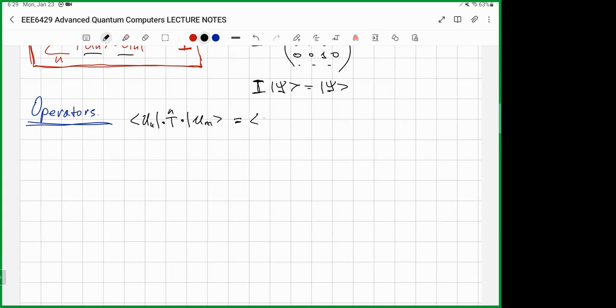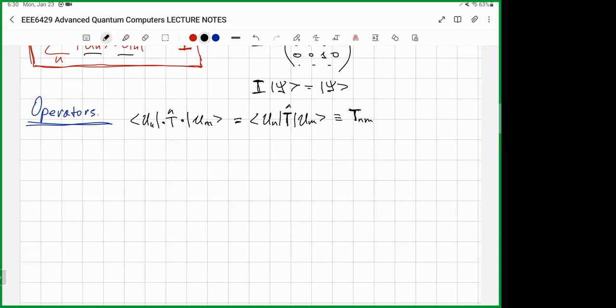So I write this in a more correct form: un, operator T, um, and this is the same as T nm, basically just the elements of my operator, or elements of a matrix that corresponds to the operator.